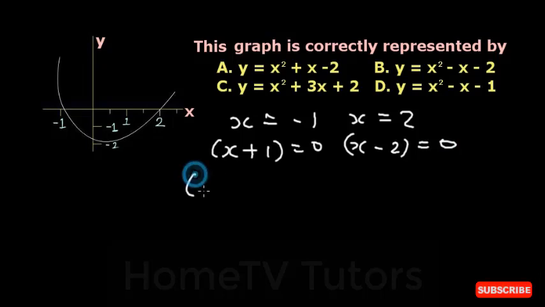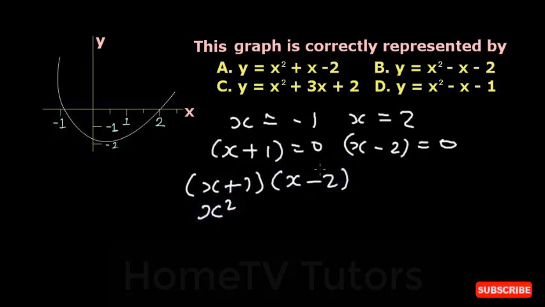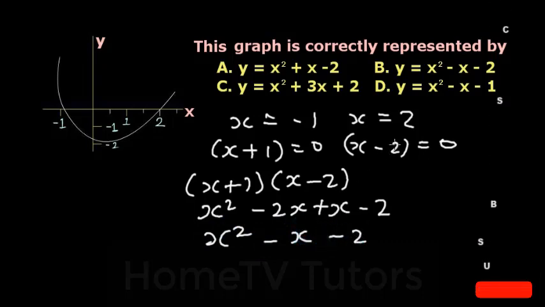And by the time we expand this bracket, we have x times x, which will give us x squared, x times minus 2, which will give us minus 2x, 1 times x, which will give us plus x, 1 times minus 2, which will give us minus 2. So we now arrive at x squared minus x minus 2.